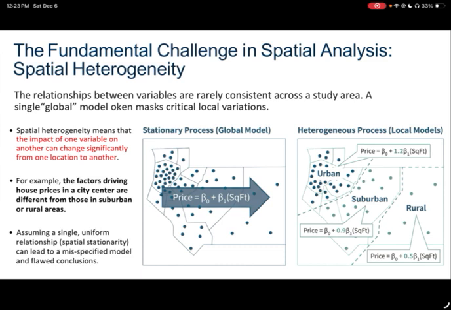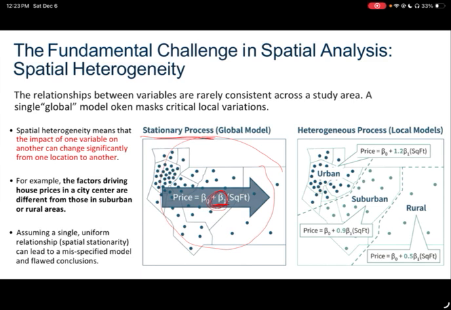The global model only gives a single value of coefficients and assumes this coefficient works for the whole study area, and we call this the stationary process, because they assume all datasets could be predicted with one single value of coefficients.